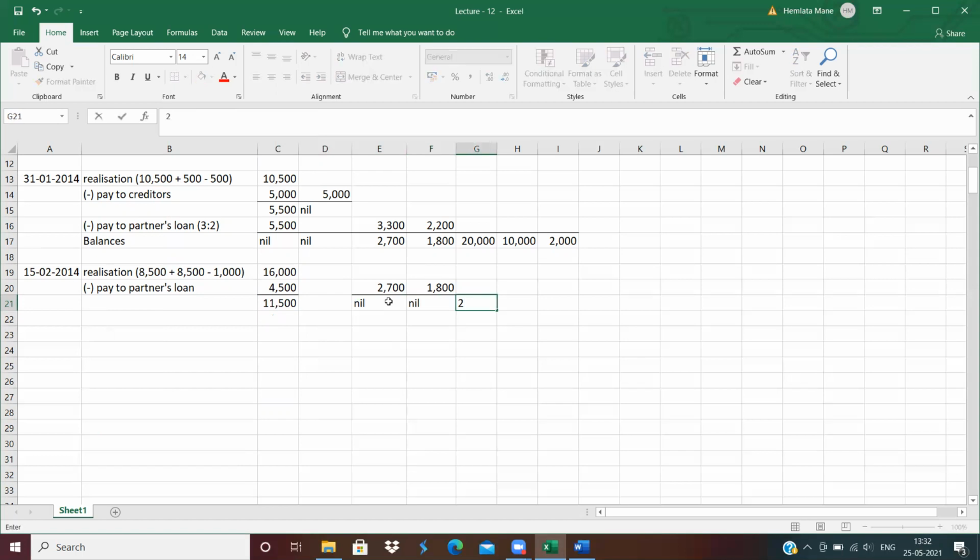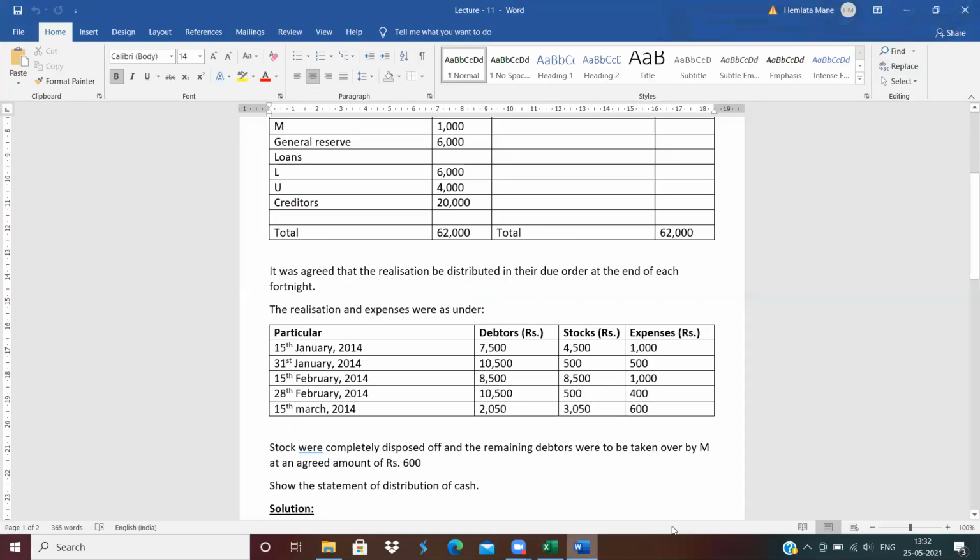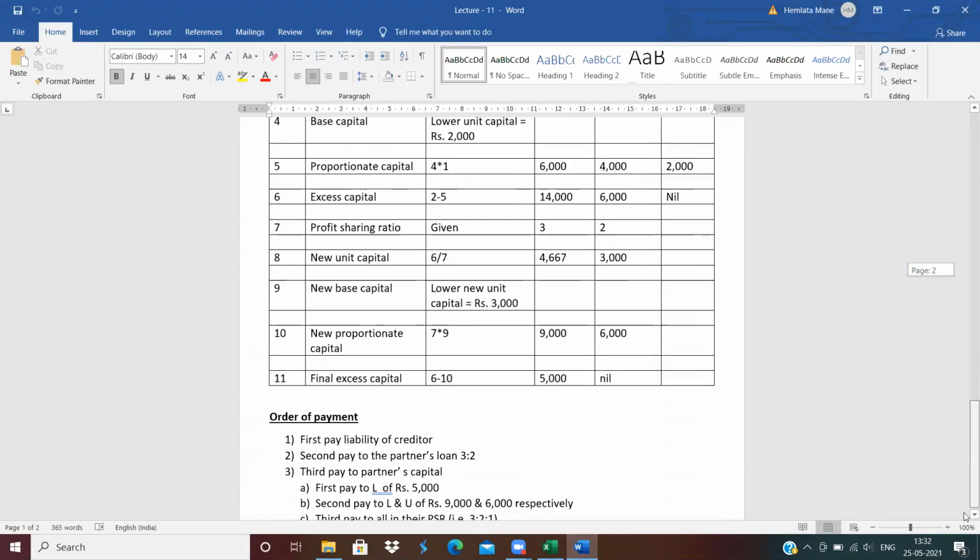Now capital balances. Now whose capital should pay first? See, in order of payment, whose capital should pay first?